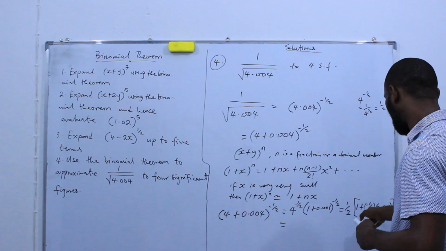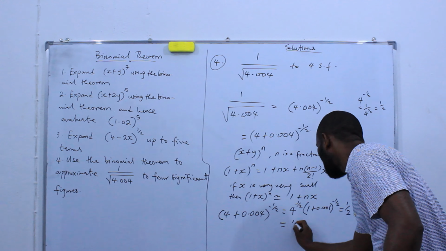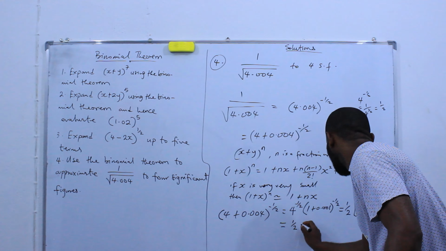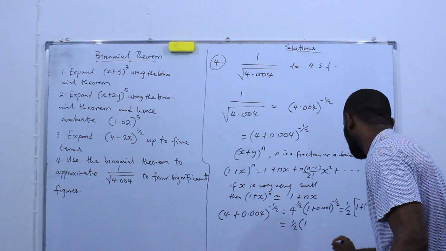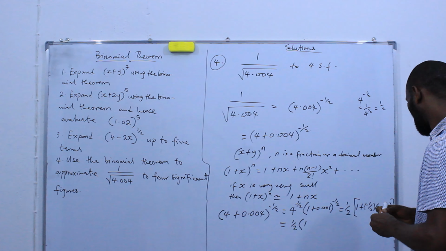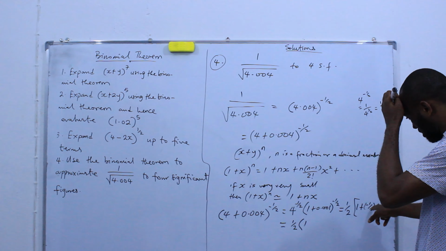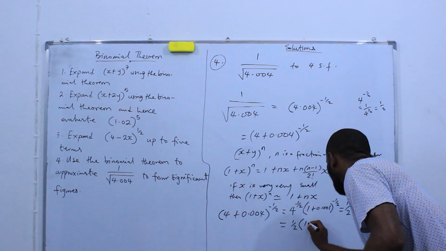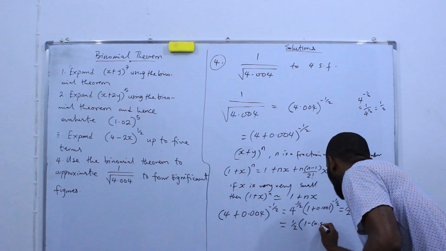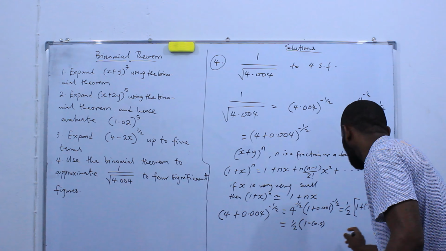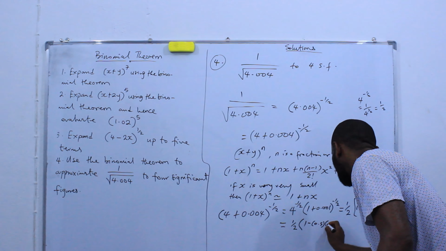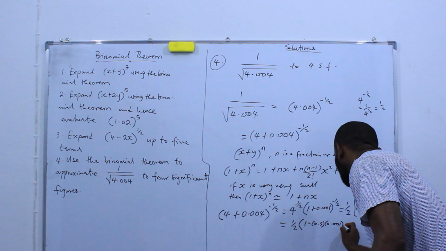If I finish off from there, I have half bracket 1 minus 0.5, half is 0.5, and then you have 0.001.